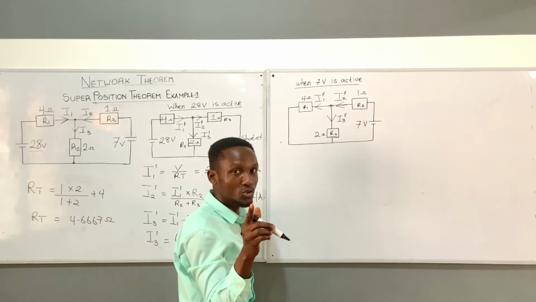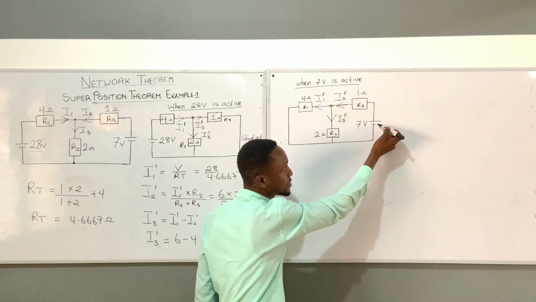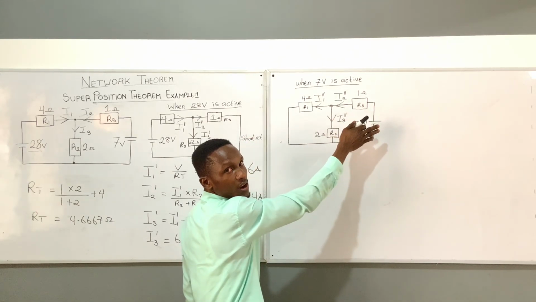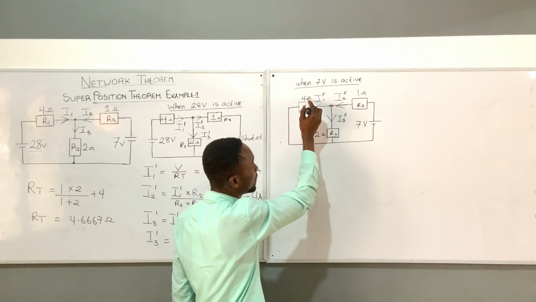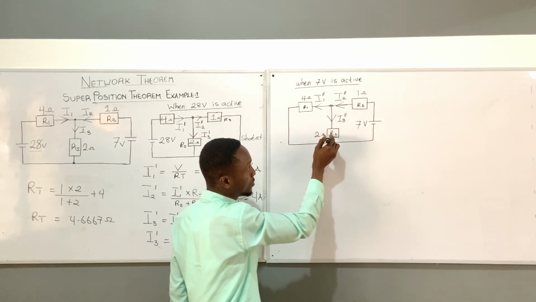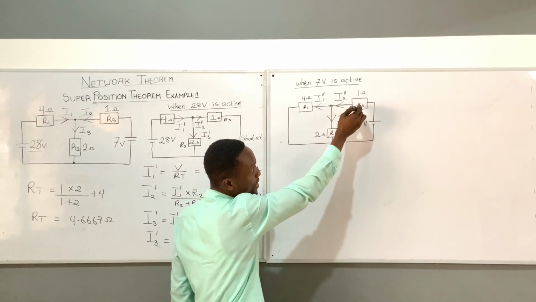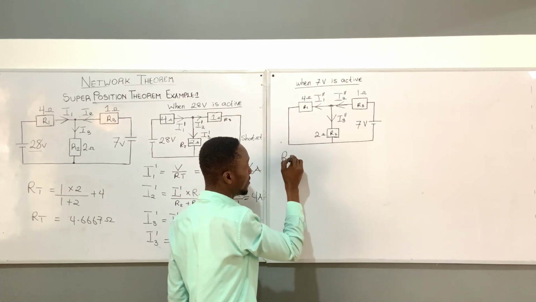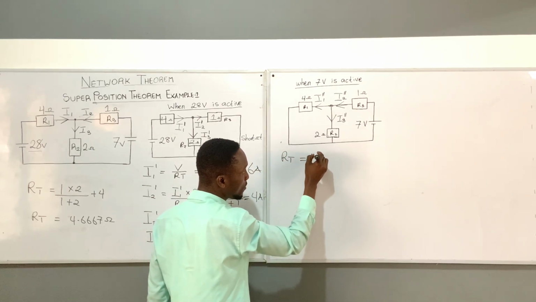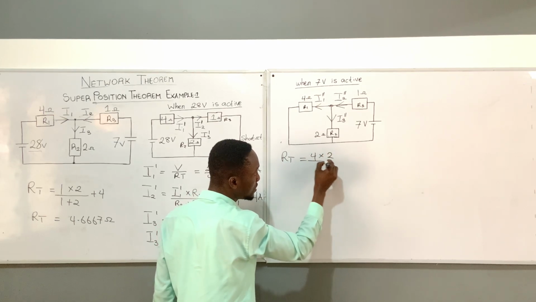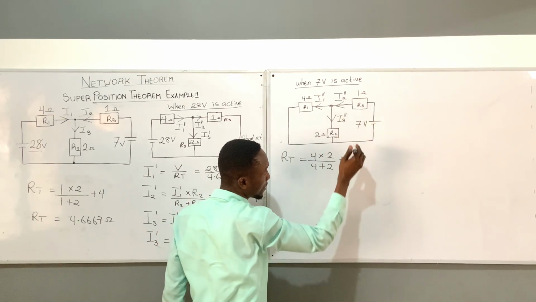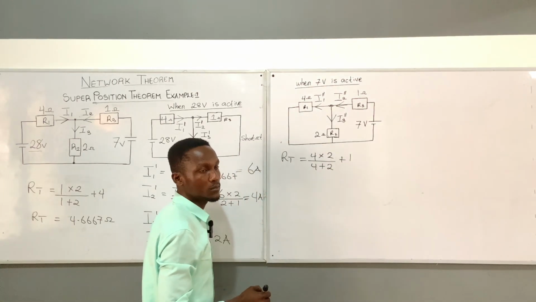Now, another trick you should know is that because the 7 volts is here, let us resolve from this side, from the left to the right. So to do that, we have 4 here, which is parallel to this one, and then it will be in series with R3. So I can say that my RT is giving me 4 times 2 divided by 4 plus 2 plus this one, which is here. Do we get it?